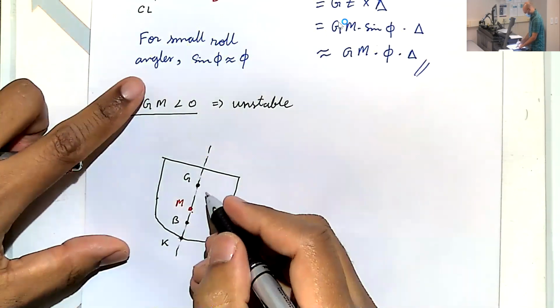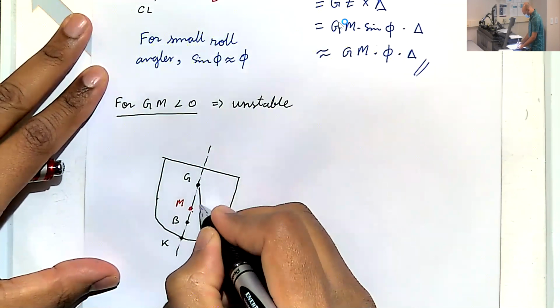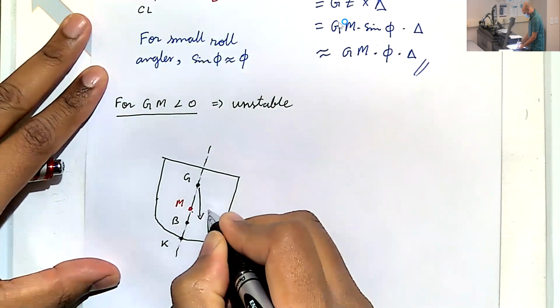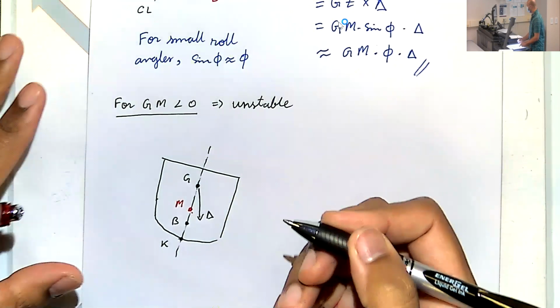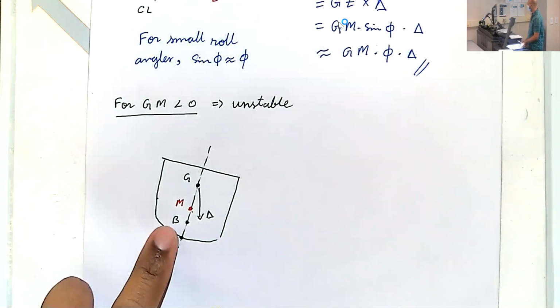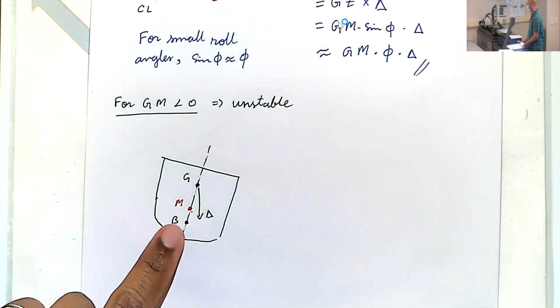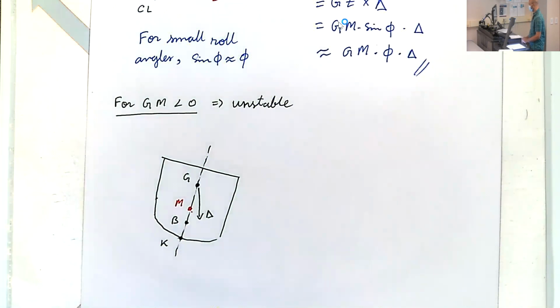All right, so same as before, center of gravity is where our weight will act downward. Where is the center of buoyancy located? So remember, B was our original center of buoyancy. Where is the new center of buoyancy located?